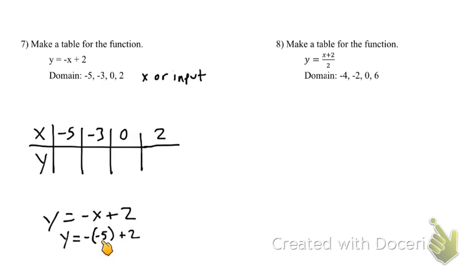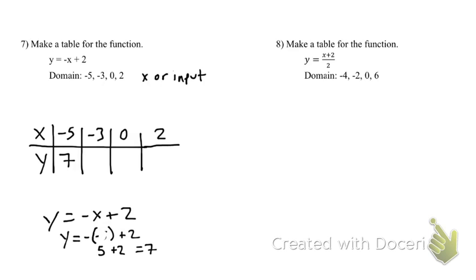Okay, and now we just have to do this math. Negative times a negative 5, or in other words, negative 1 times negative 5 is positive 5. Bring down the 2, and we get 7. So that number goes here. And then we just repeat this process again.